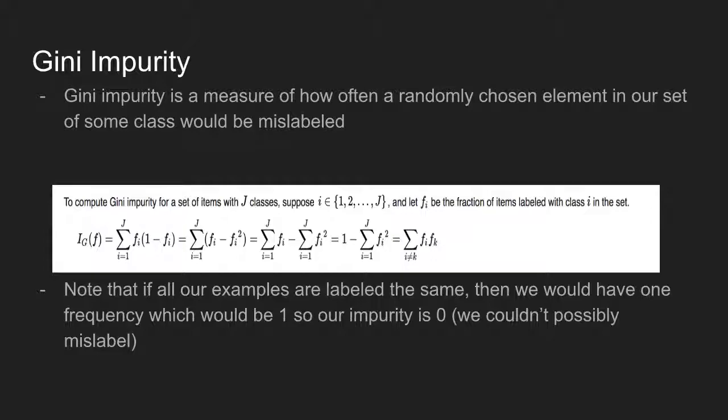To give some intuition, let's imagine that instead we had only setosas. In that case, our frequency would just be 1, because 5 over 5 is 1, and 1 squared is 1, so we're doing 1 minus 1, which is 0. What that tells us is we have no ambiguity; there's only one thing it could be, a setosa.